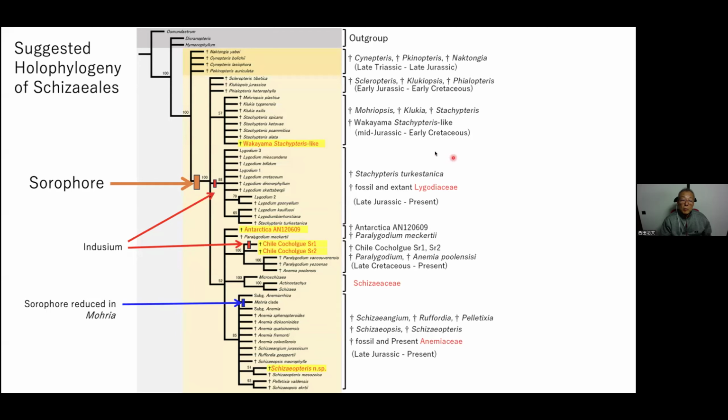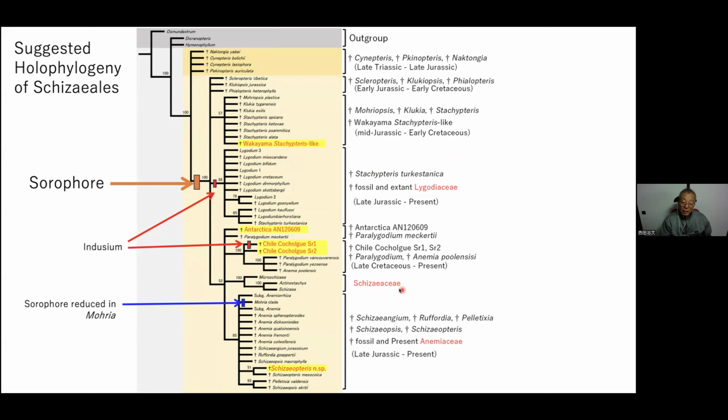And importantly, the 3 different families are well resolved in this analysis. And the Mooriaceae, Anemiaceae group are here, and the Schizaeaceae is here.